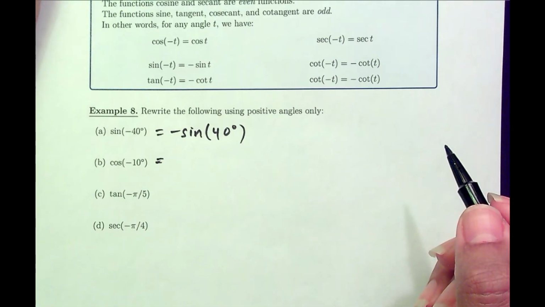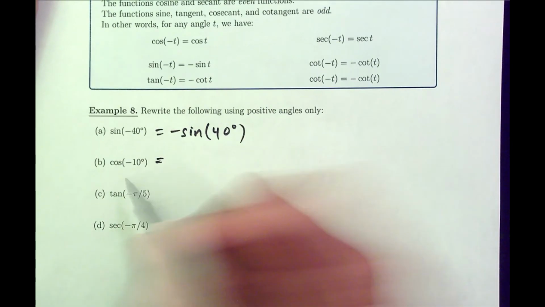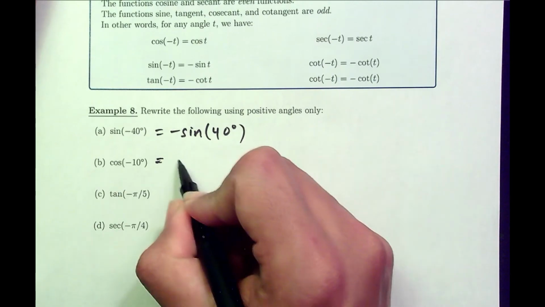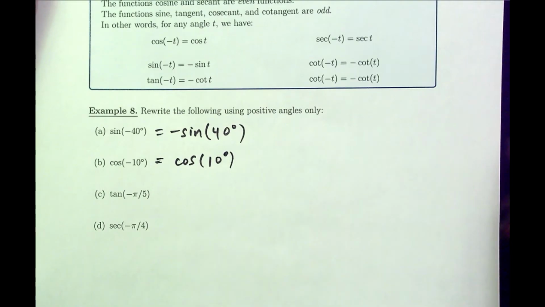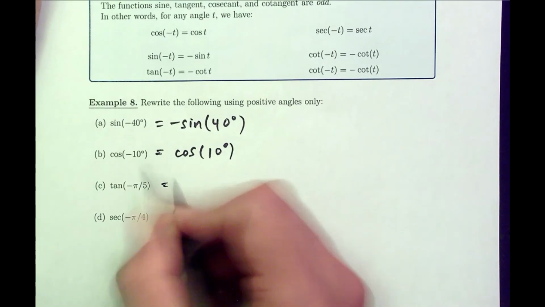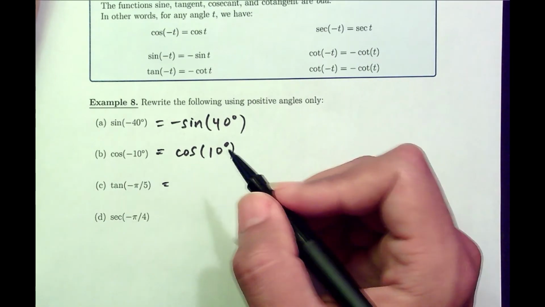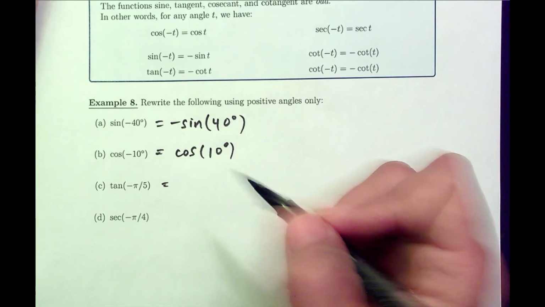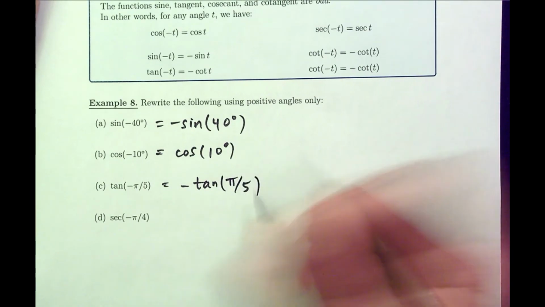How about cosine of negative 10 degrees? Well, same idea. I have to remember that cosine is even. The cosine is even, you can drop that sign and say that this is cosine of 10 degrees instead. Simplify it that way. And of course, it doesn't matter if the angle is in degrees or radians, it still works. Tangent of negative pi over 5, well, tangent is odd, so that negative sign is pushed out, and this will be negative tangent of pi over 5.